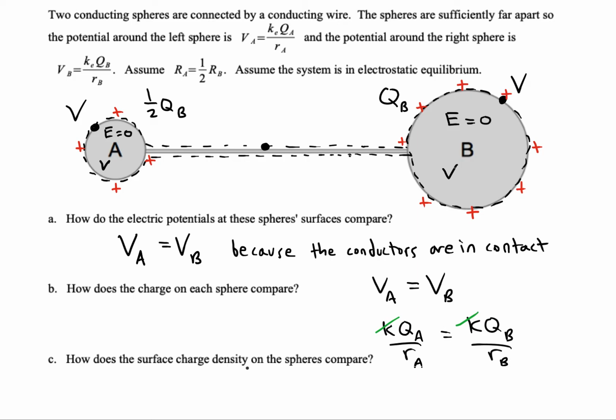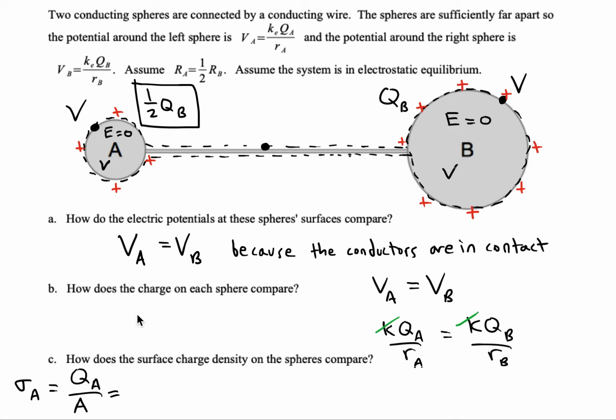How do the surface charge densities compare? Are they the same? Well, you might think that since their potentials are the same, the surface charge densities are the same. But is that really true? So for that calculation, we're going to want the total charge on A divided by the area of A. But I'd really like to get it in terms of B's values.